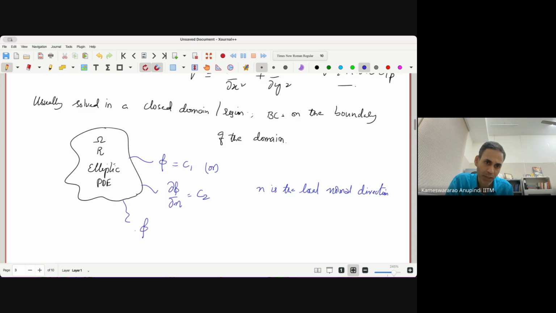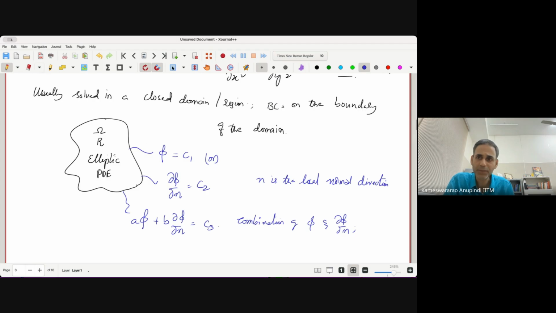That means you could specify some a times phi plus b times partial phi by partial n equals some c3. Okay, this is basically specifying a combination of phi and partial phi by partial n. For example, specification of phi, the dependent variable itself, on the boundary is called a Dirichlet boundary condition.